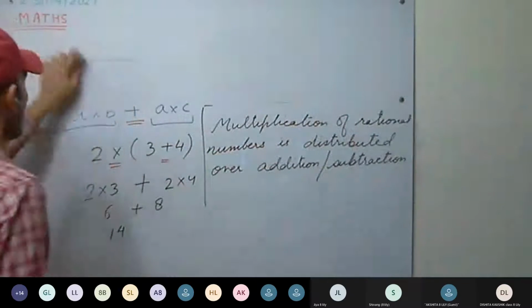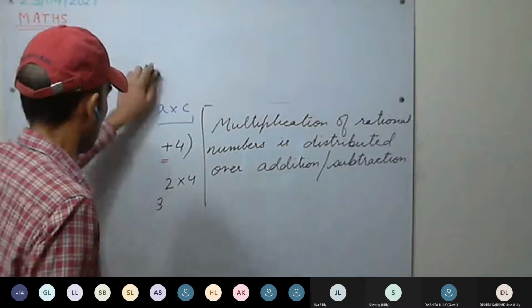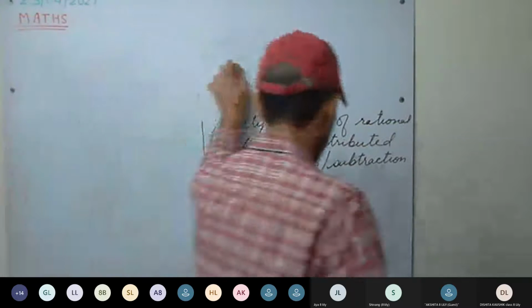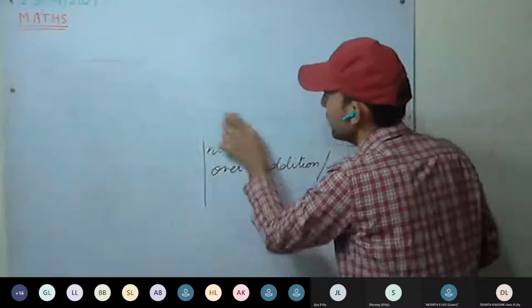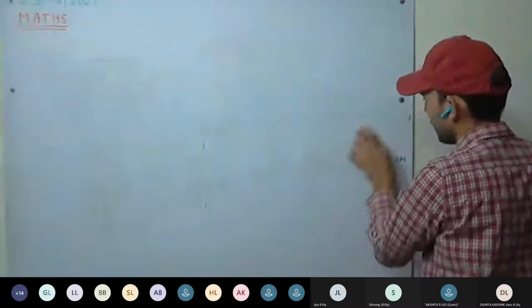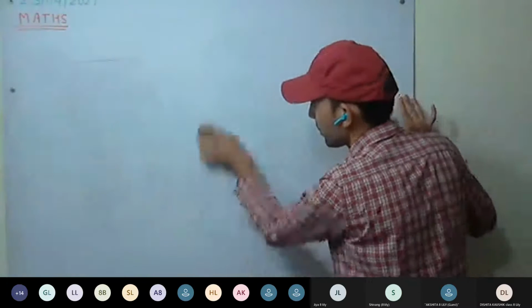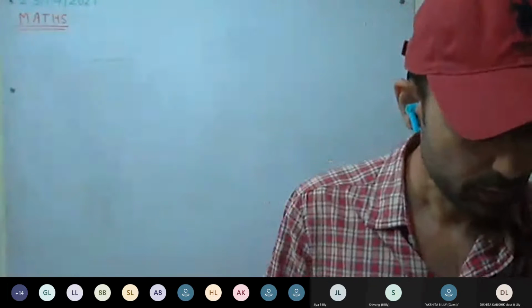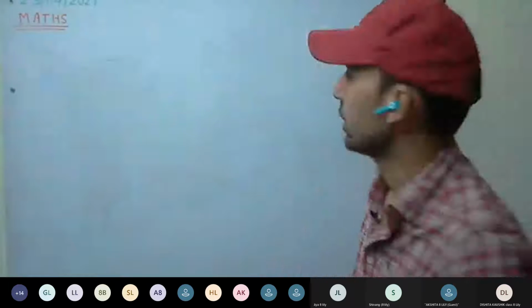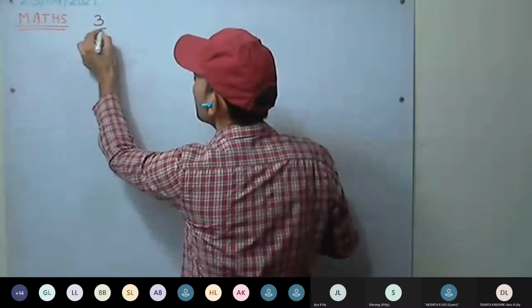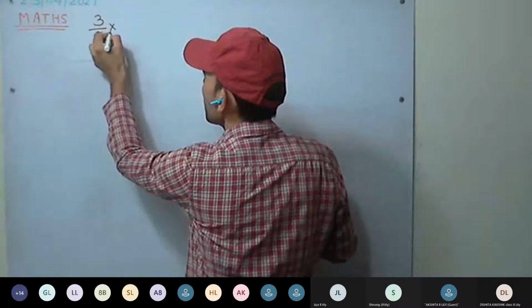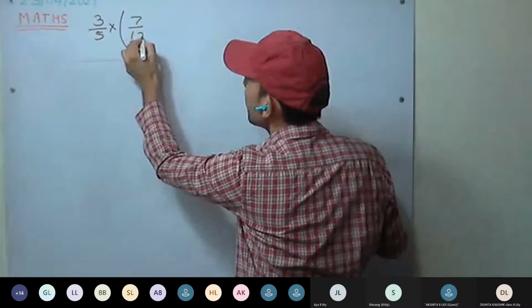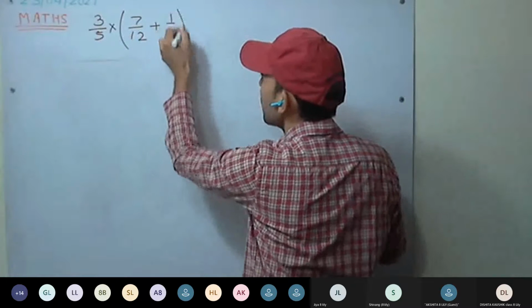So distributive law you have understood. Okay, so 3 upon 5 into 7 upon 12 plus 1 upon 2.